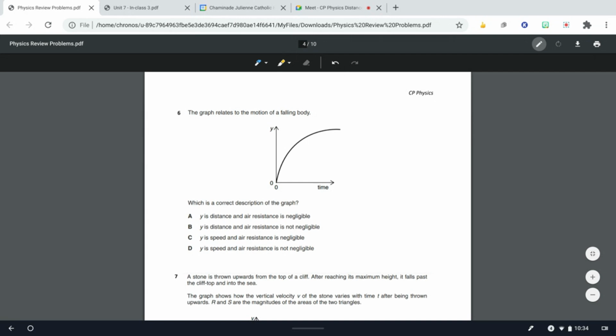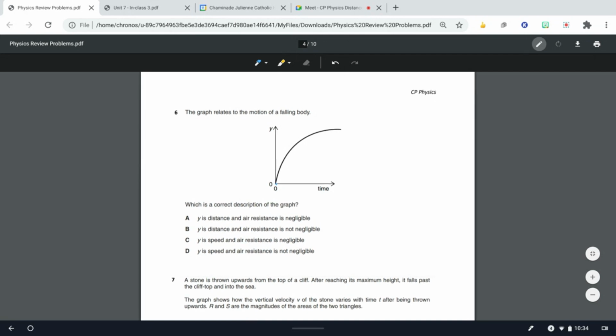So what's happening here? What you see is that this quantity is increasing, and then it becomes a constant value at this point, right? So if you were falling, and y would be the distance, no matter what the air resistance is, your value would still increase for distance. It wouldn't become a constant value.